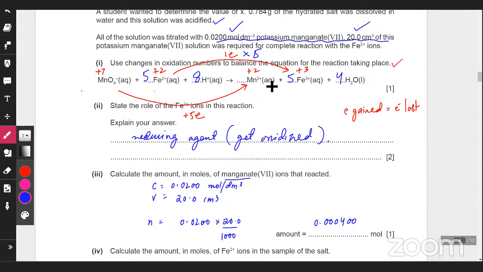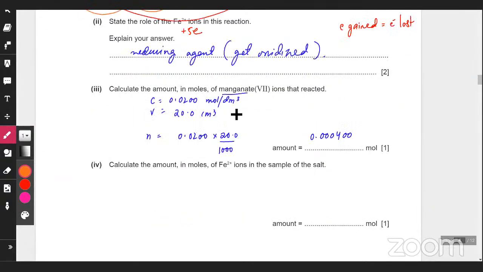And so then he's asking about the moles of Fe2+. What have we done so far? We've found the moles of MnO4. So the moles of Fe are going to be 5 times that. According to the equation, it's 1:5. So I just need to multiply this by 5, and I'll get the moles of Fe. So doing that would give me 0.00200 moles.